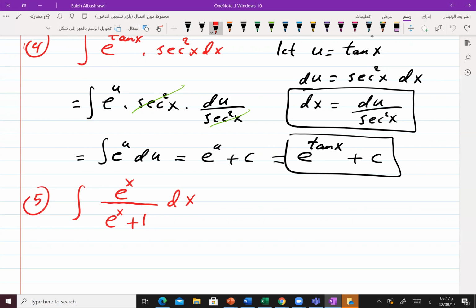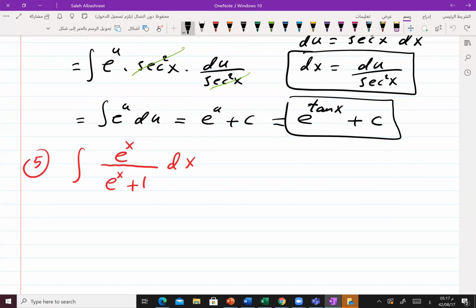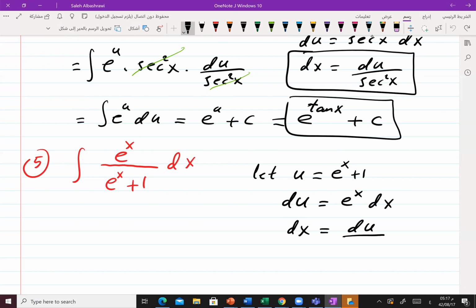This one, I will choose the denominator to be the u substitution. Let u equal to e to power x plus 1, because the derivative will be in the numerator. That will be easier for me, because the derivative of this, du, equals e to power x dx, or dx is equal to du divided by e to power x.